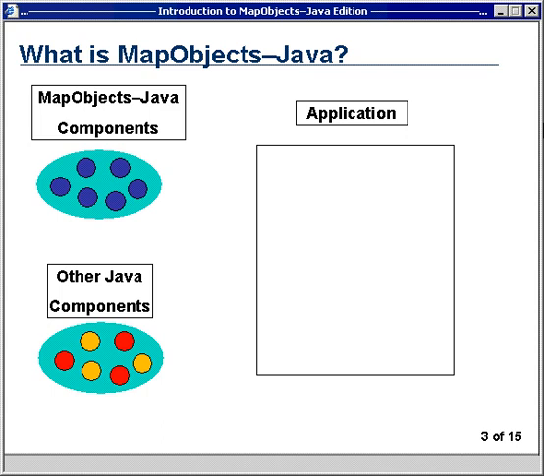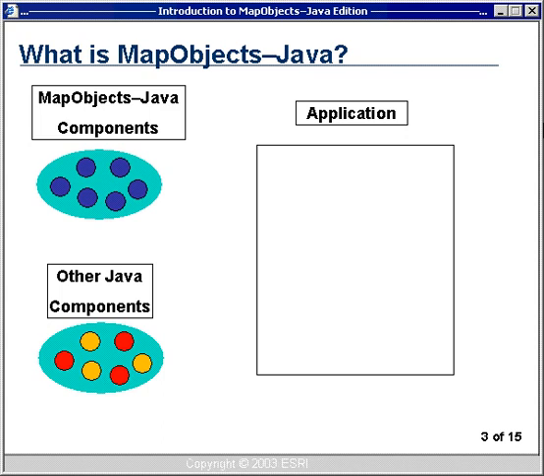To help further describe MapObjects, let's consider this diagram here. At the top left, we have MapObjects components represented by the blue circles. Underneath that, there are red and orange circles representing various other Java components. These could be Java Swing components or any other freely downloadable Java components that may satisfy other business needs.